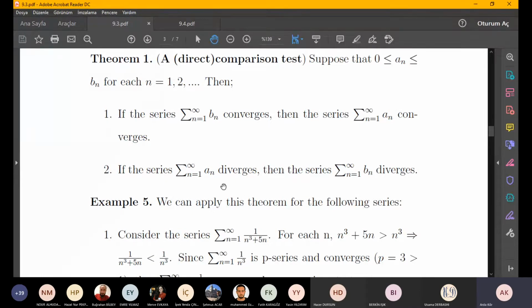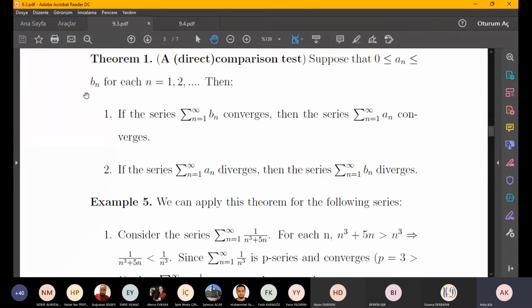If the series with general term an diverges, then the series which has general term bn also diverges. It comes from that direct comparison between the general terms of the series an and bn, respectively, like that an is smaller or equal to bn.